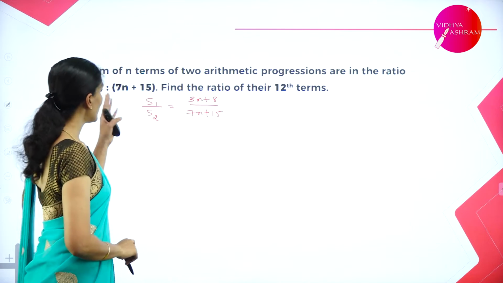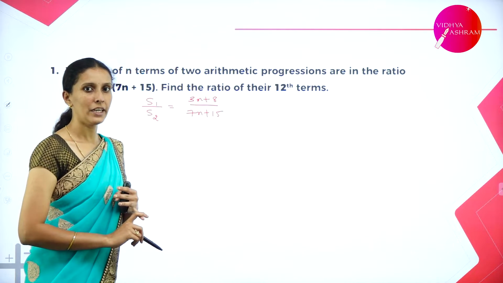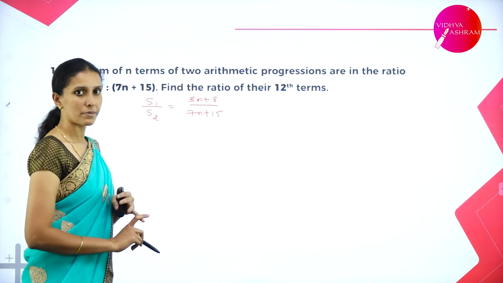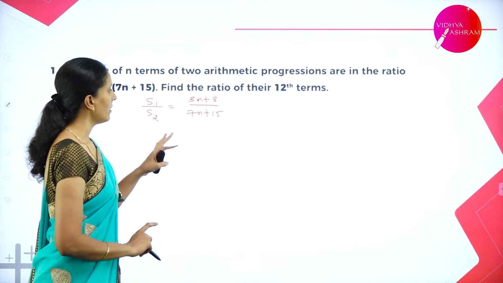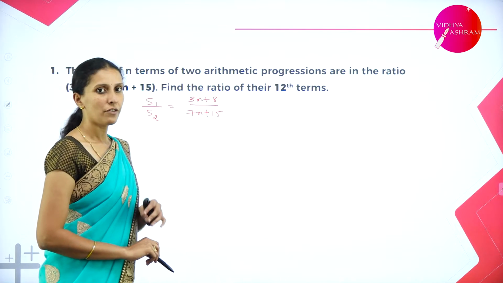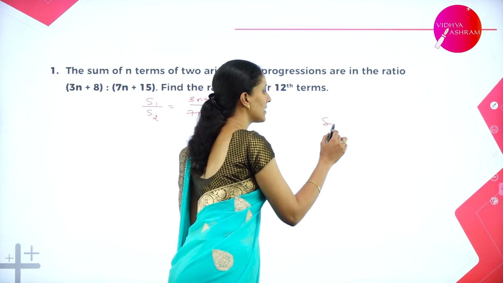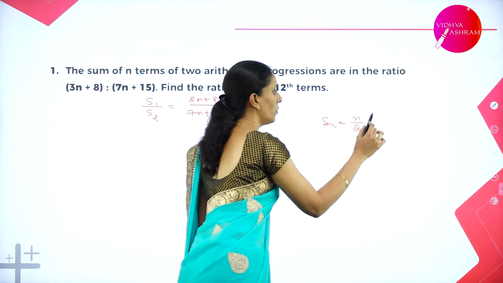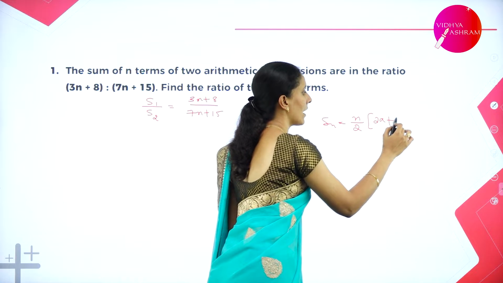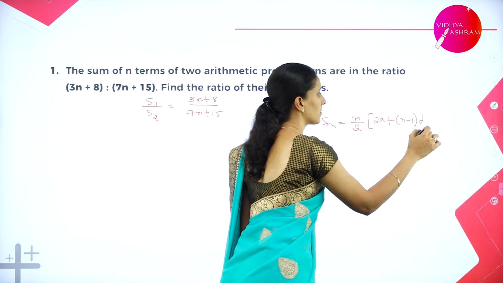Now, for these two sequences, the first term may differ and the common difference may differ. So, n is common here. What is the formula to find the sum of n terms of AP? That is Sn is equal to n by 2, 2a plus n minus 1 into d.